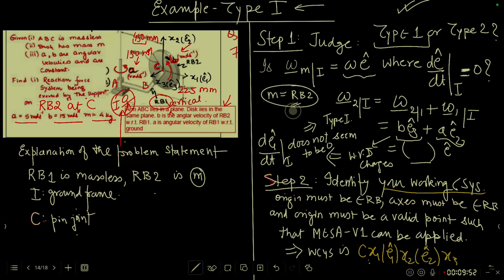The origin of my working coordinate system is the center of mass of the disk. Is it a point fixed on the body? Indeed it is. Is it a valid point for MESA? Indeed it is. Center of mass is always a valid point for MESA. And the three axes, what I have shown here, are all fixed to RB.